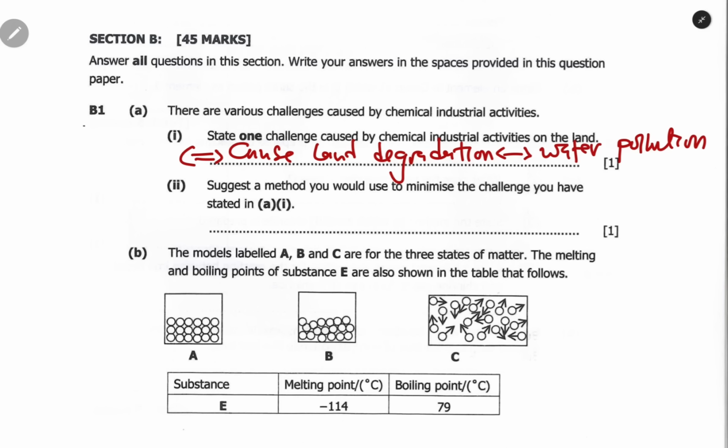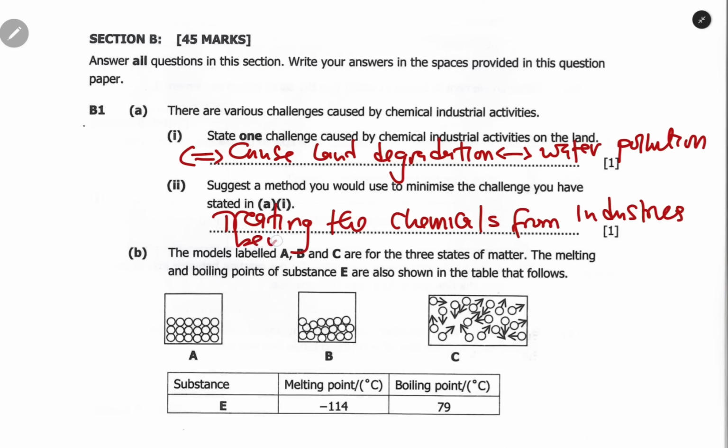Suggest a method you would use to minimize the challenge you have stated above. So what causes these are chemicals. So you treat the chemicals from industries before discharging them to the environment.